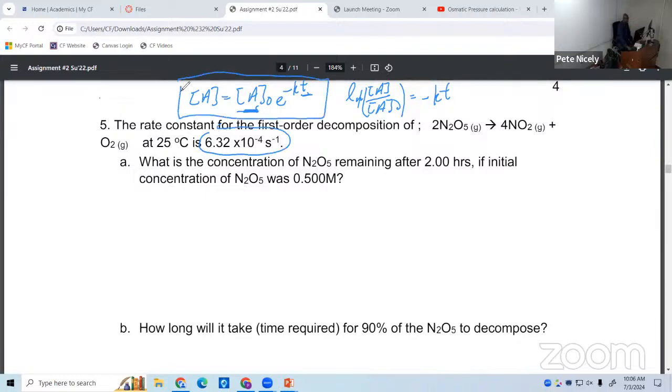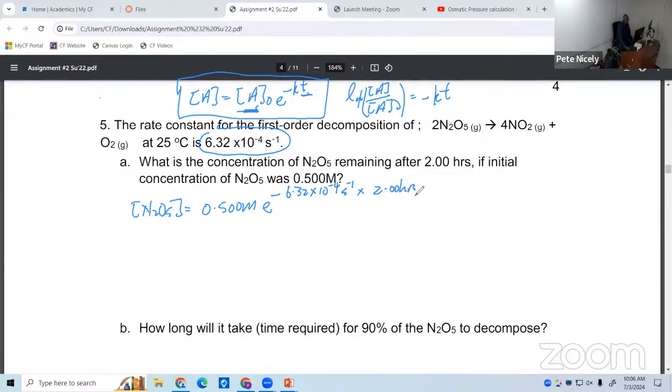The concentration of N2O5 will be equal to the initial concentration, 0.500 M, times e to the minus k, where k is given as 6.32 times 10 to the minus 4 seconds to the minus 1, multiplied by the time, which is 2.00 hours.